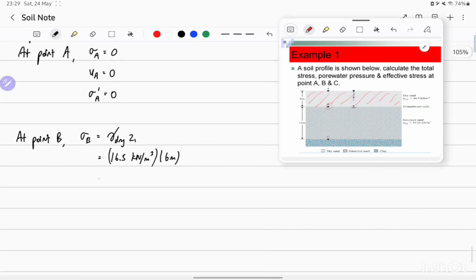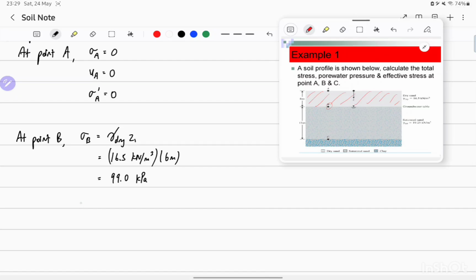We get 16.5 times 6, which is 99.0 kN per m cube times m, and we will get the unit of kPa.